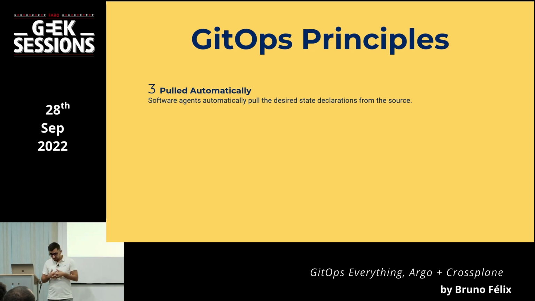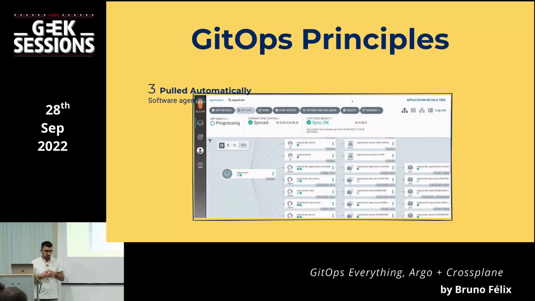In GitOps, we must have a tool that ensures this happens automatically. I'm not talking about continuous integration here. I'm talking about a system that is constantly pulling our Git repo to know the differences between the last commit and the previous one. The tool we are using today is Argo CD, so I printed an example of Argo CD.